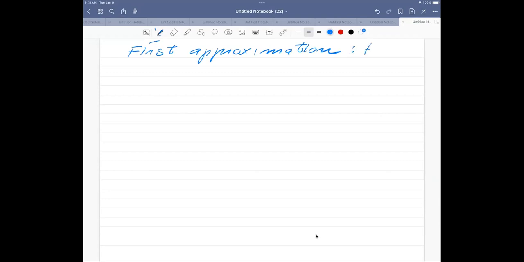So this is Hartree-Fock theory, or mean field theory, as it's often called, which is an example of a mean field theory.